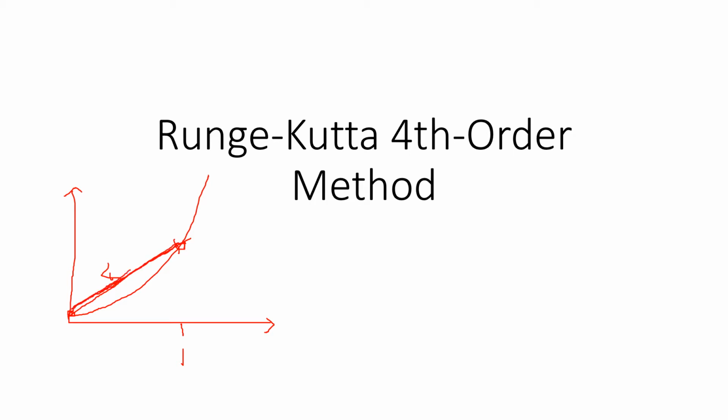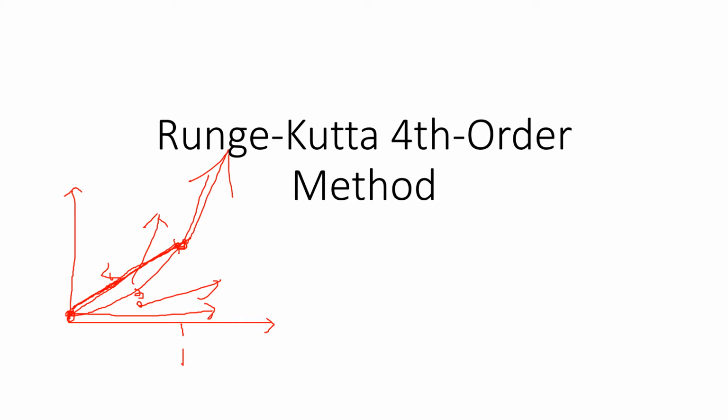How do we get it? In the Runge Kutta method, basically we use 4 points. We can get one slope here, and at this middle point we get 2 slopes. At the end point, we also get another slope.